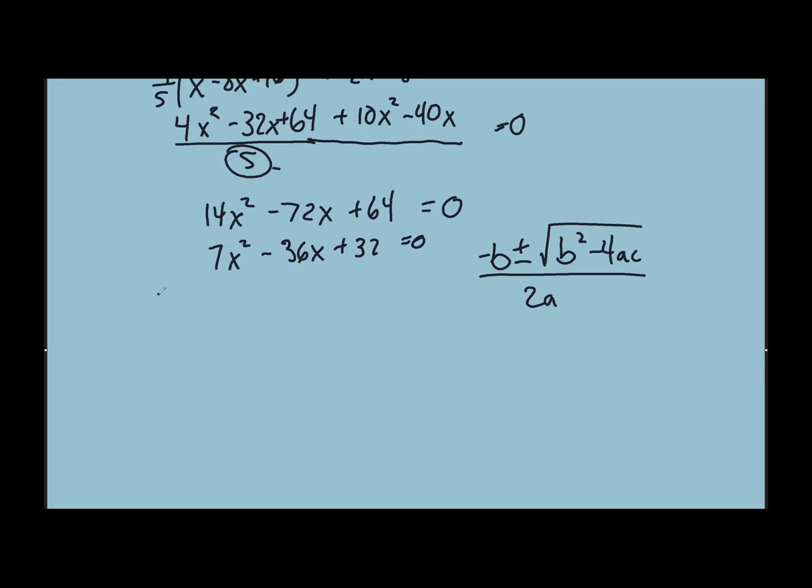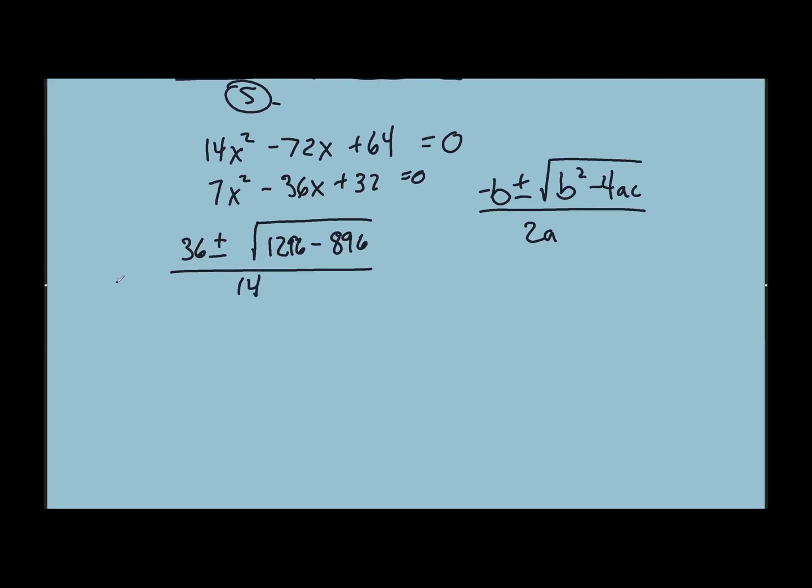It's not a joke. So we get 36 plus or minus, I don't know what 36 squared would be. I think it's 1296. But don't quote me on that. I'm kind of stretching the limits of my brain here. Minus 4 times 7 is 28 times 32. That is, let's see, 7 times 8 is 896, I want to say, divided by 14.